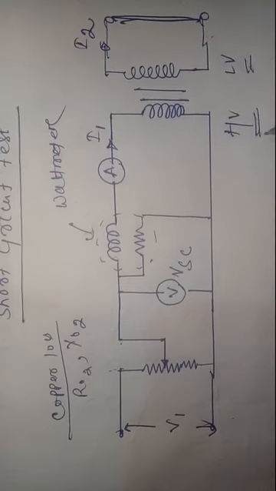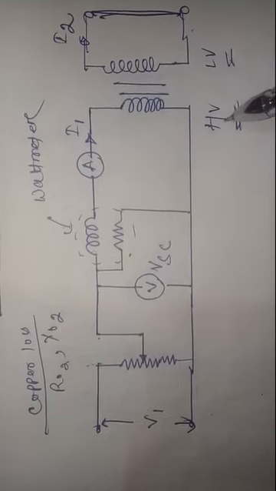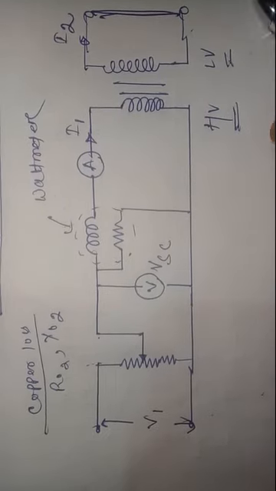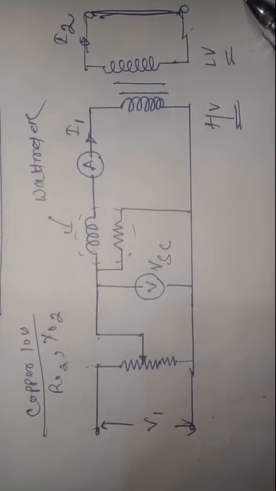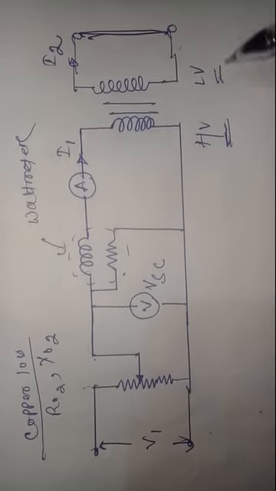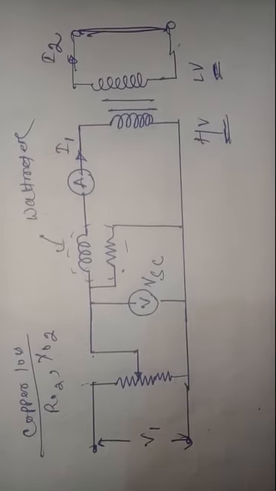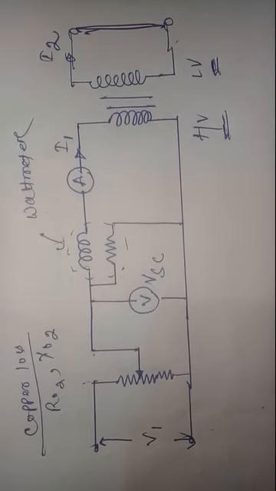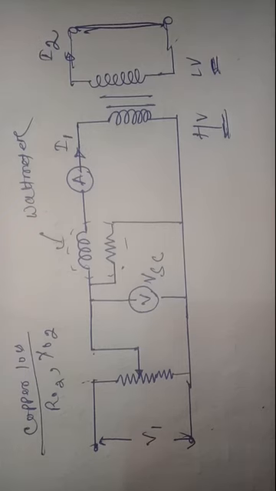The voltage will be inconveniently low and the current inconveniently high, which is not feasible. So that's why this test is conducted on the HV side, and the LV is usually shorted by means of a low impedance, generally an ammeter.